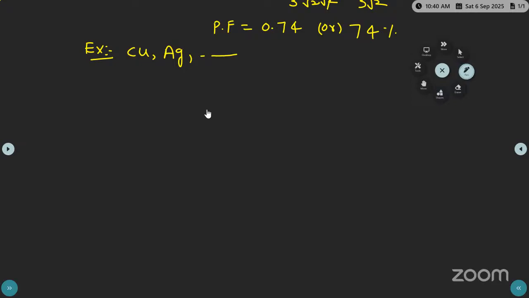All the properties of crystalline substances are anisotropic, not at all the same in all directions. The property changes depending on the direction, that is why we call it anisotropic.